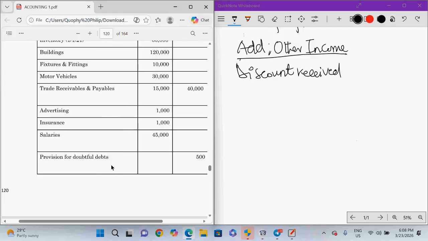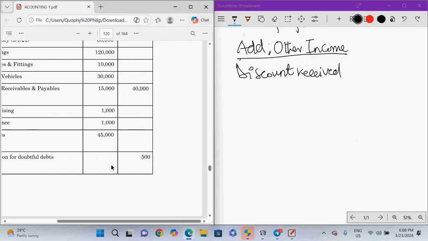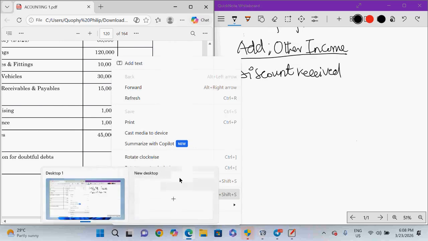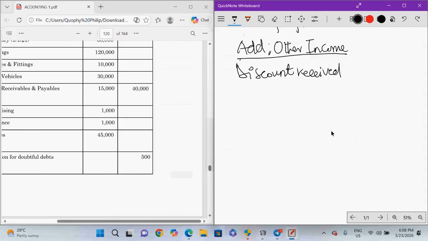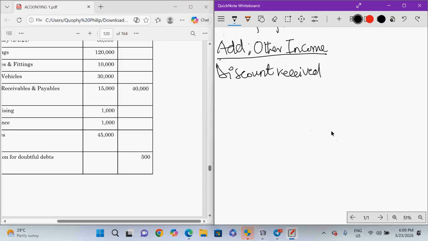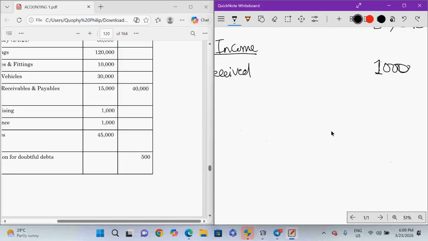What are we getting if you add it? 81,875.